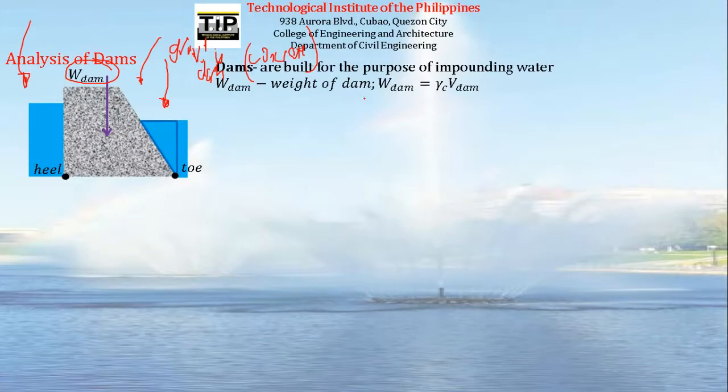Applying summation of force equal to 0, vertical, we have W of dam minus weight of dam. So, transposing this on the other side, we have gamma of concrete times the volume of the dam equals the weight of the dam. So we just have to get the dimensions of this dam and divide it by the unit weight of concrete.